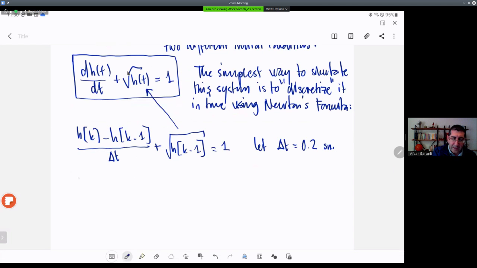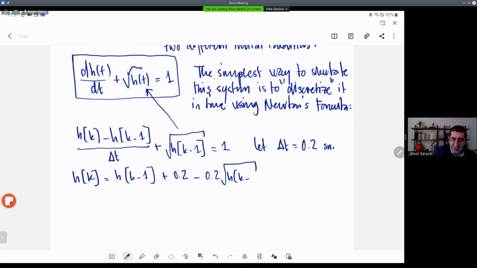Now, we can write hk in terms of other things at the k minus first instant. Okay? So I'm going to have hk equals hk minus 1 plus 0.2 minus 0.2 times square root of hk minus 1.